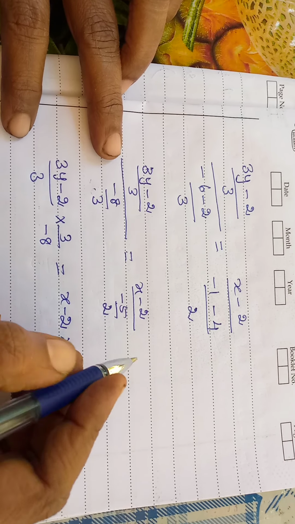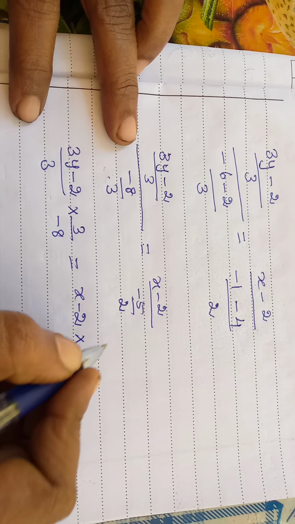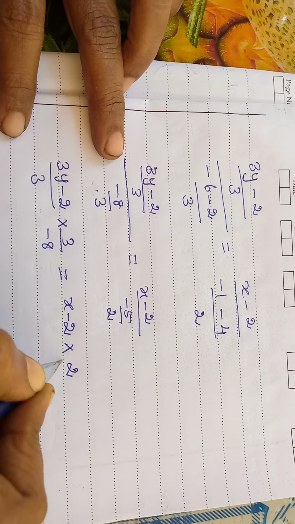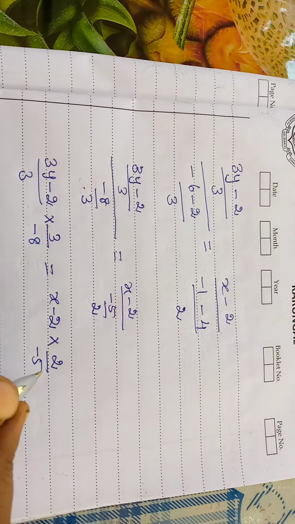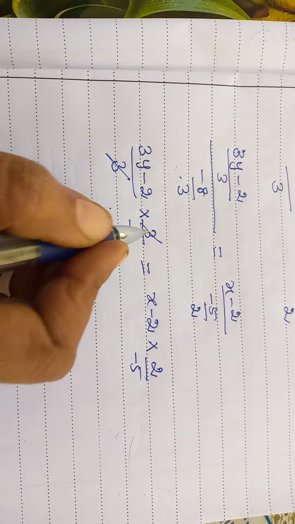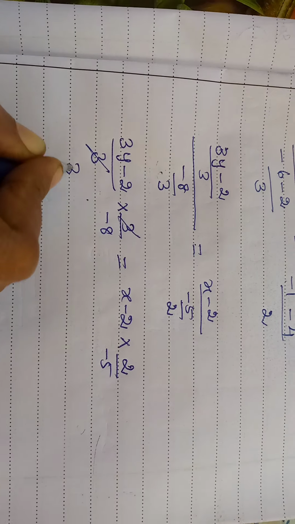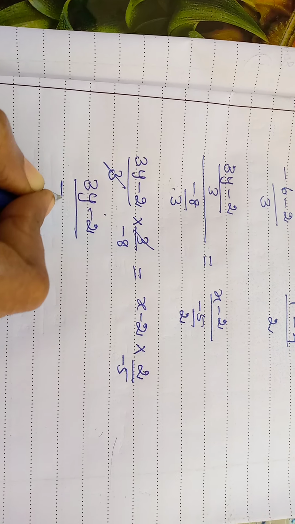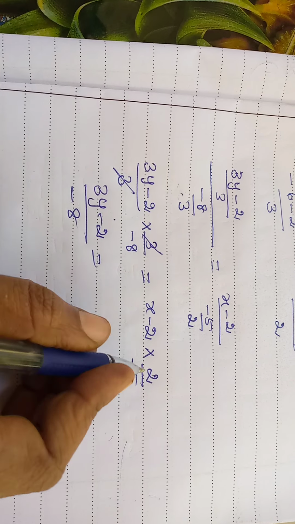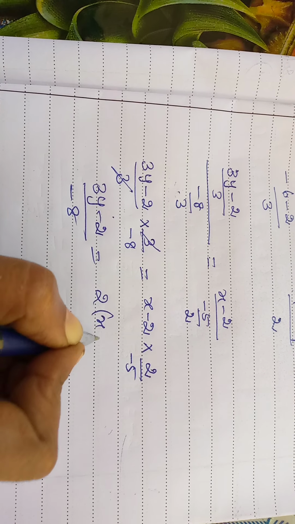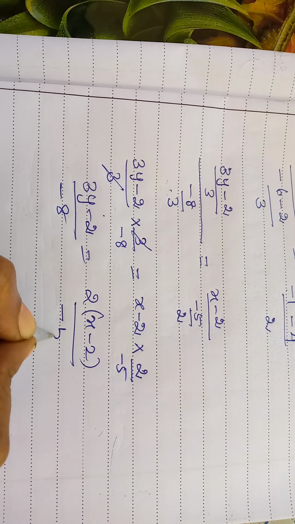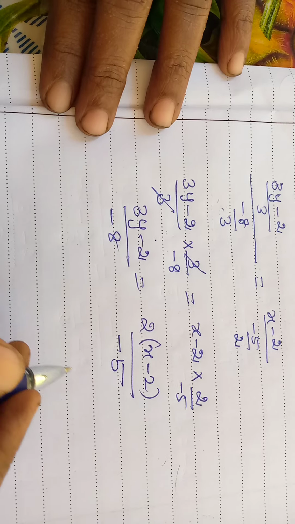So it can be taken as a reciprocal. So it can be written 2 by minus 5. Okay. So here 3 can be cancelled. Remaining we have 3y minus 2 by minus 8 is equal to, this can be written 2 into x minus 2 by minus 5. Okay, let us cross multiply.